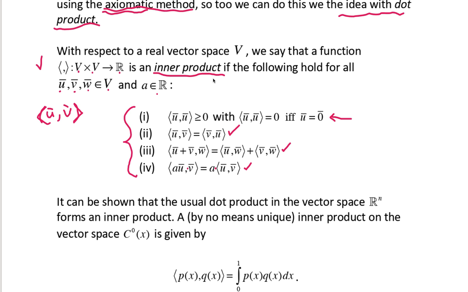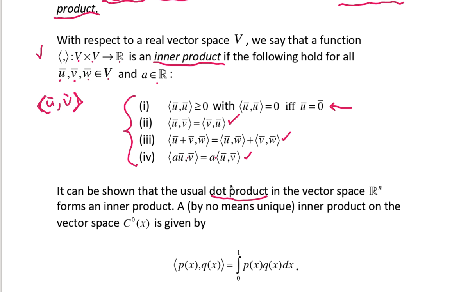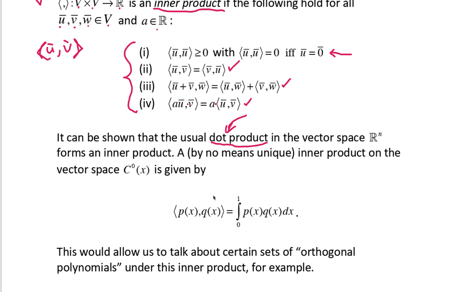The usual dot product over the vector space Rn is an example of an inner product, okay? It is an inner product. Again, the inner product is inspired by the dot product, okay? So the original animal is only one species of what? A whole new genus, okay?